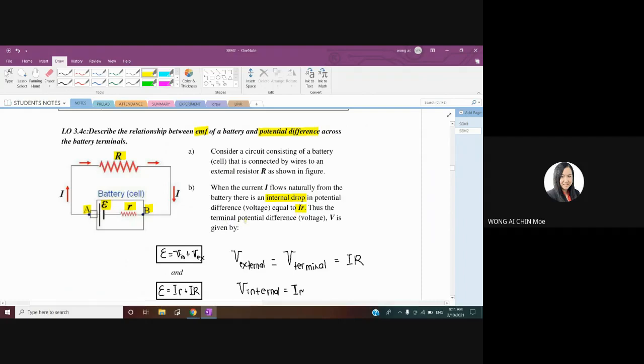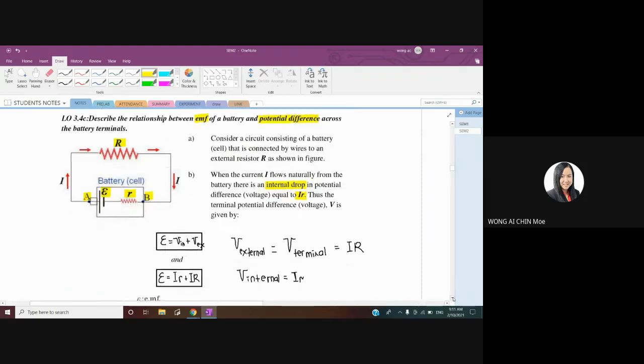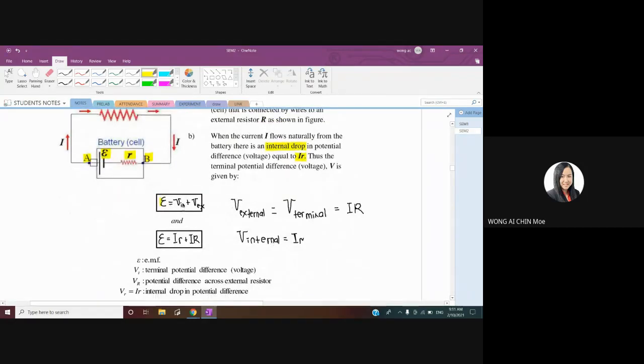So there's the terminal potential difference across the terminal. We can write EMF equals V internal plus V external. Because internal is a small letter r, it equals Ir plus the external IR.